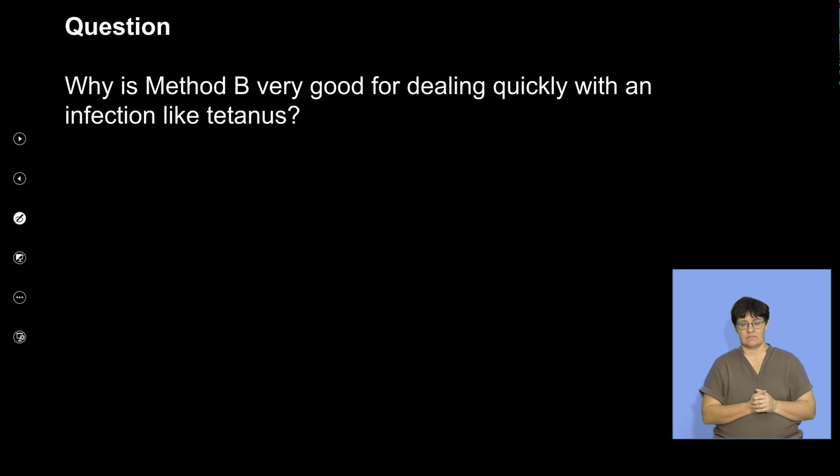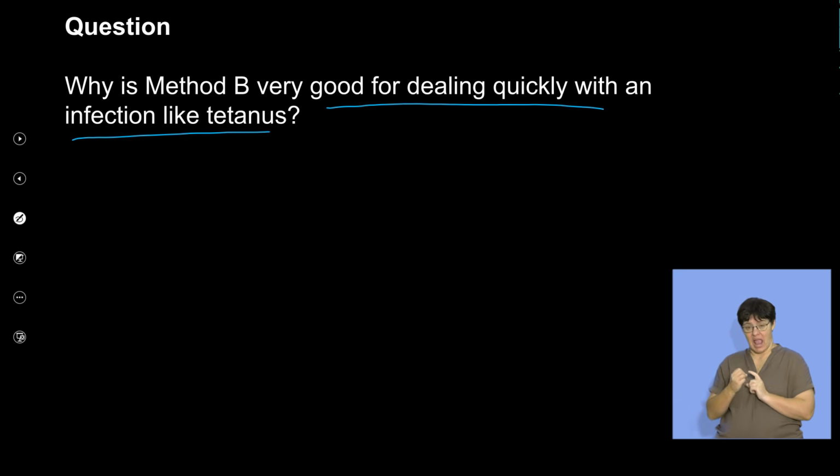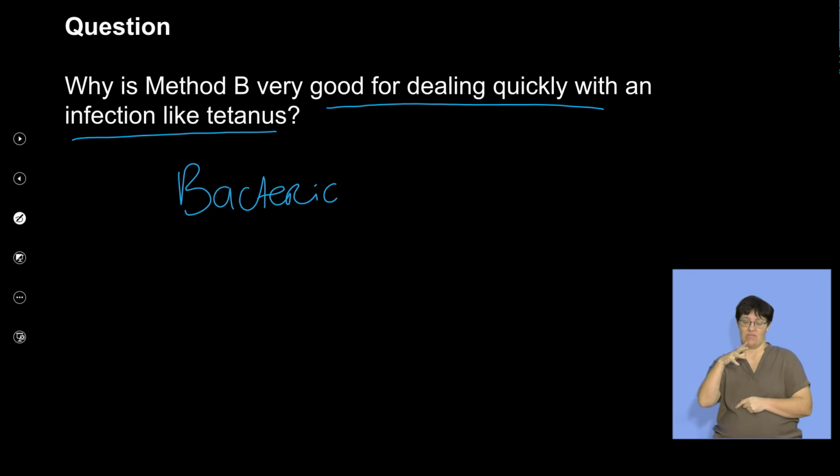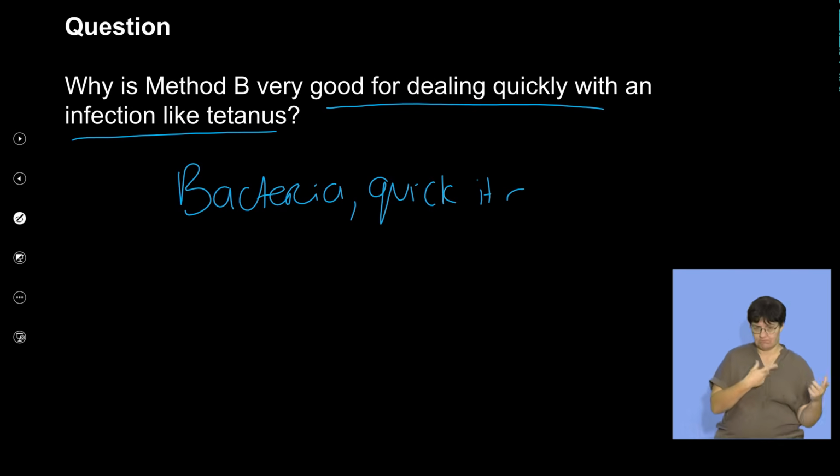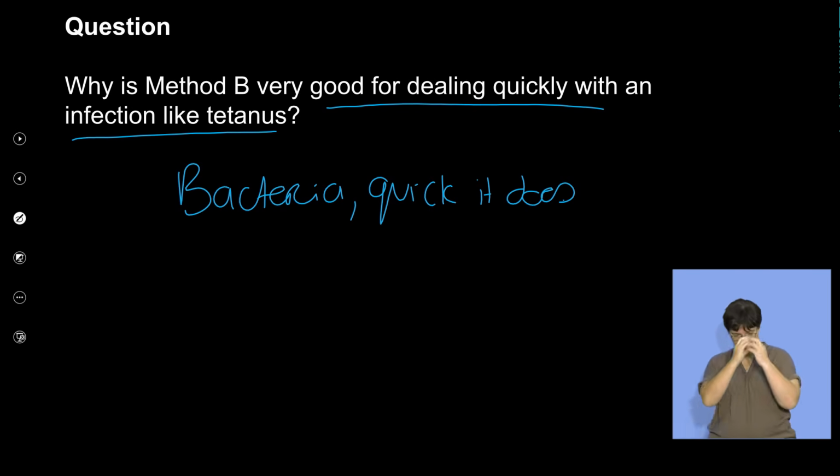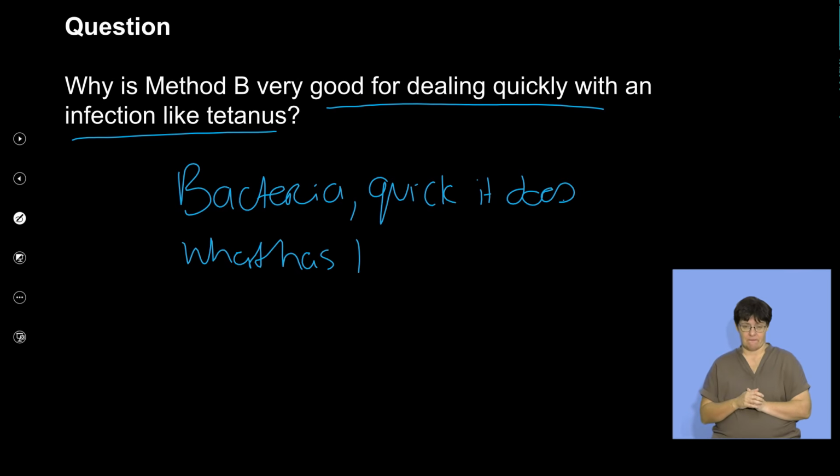Why is method B very good with dealing with an infection like tetanus? Guys, tetanus is a bacteria, and obviously that bacteria can have a huge bad effect. So why do we want method B? It's quick. It does what it has to, which is to kill the bacteria.